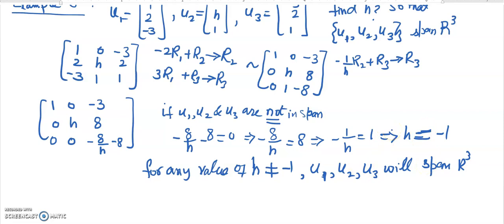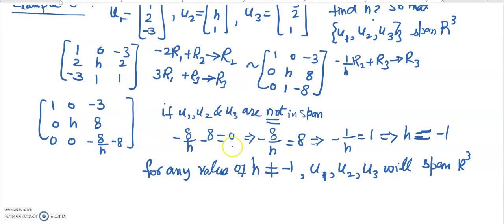So we have found the answer by looking at it in the opposite sense. We first supposed that this should be equal to 0, because when this is equal to 0, we get 0 equal to some value. For example, if we take some coefficients a, b, c as the components of the augmented matrix, we would have this type of condition for not being in span.